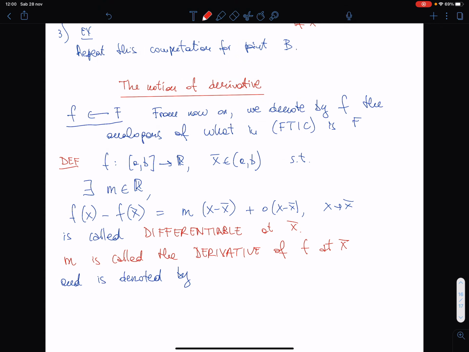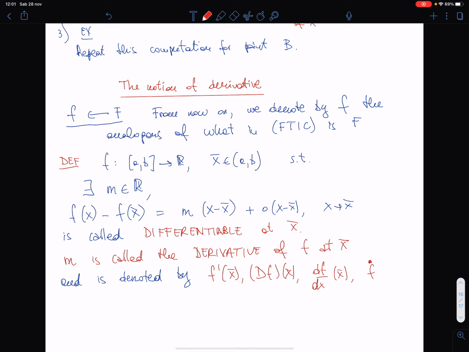So, for instance, f prime of x bar, df of x bar, df dx of x bar, sometimes also f dot.